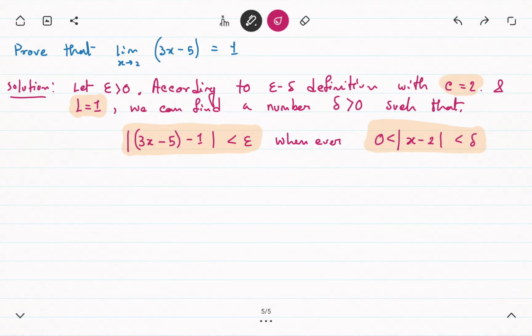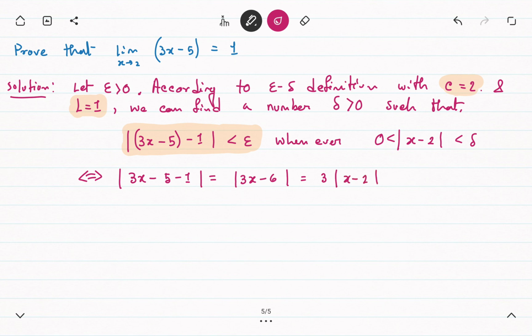So this is if and only if: |3x − 5 − 1|, which evaluates to |3x − 6|, and if I take the 3 outside of this modulus, we get 3|x − 2|.